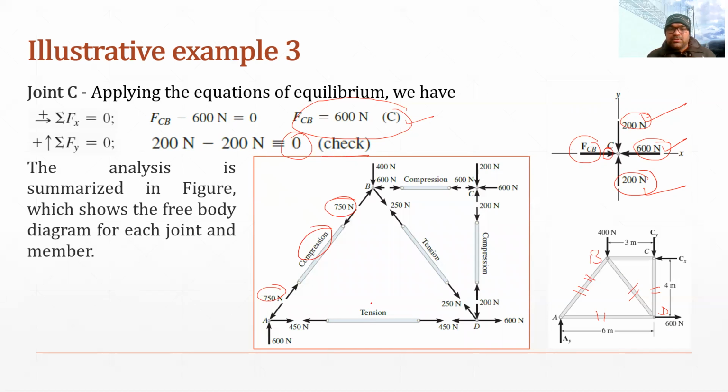Similarly, this member was in tension, this was in tension, this was in compression, and this was in compression also. This is how we have to make the final diagram, showing the nature and magnitude of the member forces. So that was the solution of example 3.